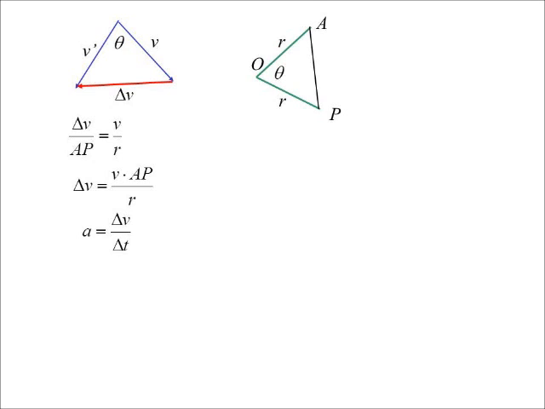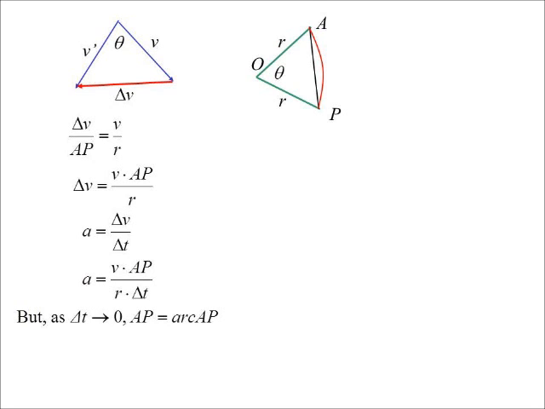But acceleration is change in V over change in time. So there's an expression for acceleration: V times AP over R times delta T. Now, I'm interested in looking at what happens as the change in time is close to zero, because that will give us an instantaneous change.